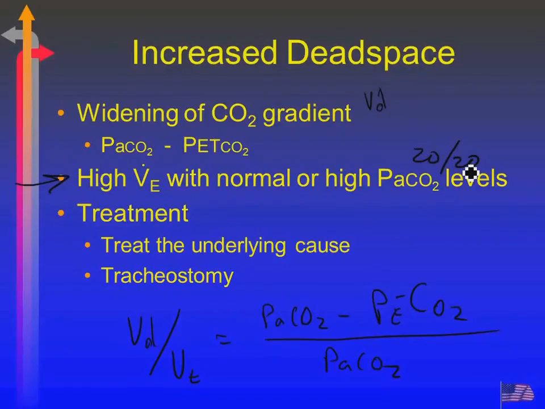So if I walk in my ICU and I see a patient on a ventilator and their minute ventilation on the ventilator is 18, well, let's put it at 20. Their alveolar minute ventilation is going to be something less than that because of the dead space present. But still, at that point, my PCO2 should be lower than normal. If I got a normal or even an elevated CO2, that means I have a big dead space fraction. Something you guys should be able to pick up on.